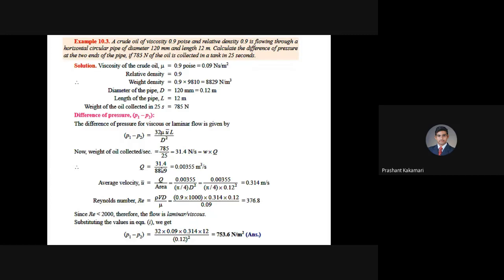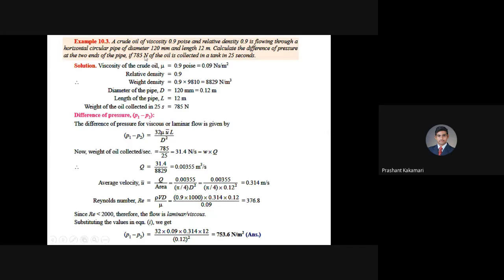Now using this per second value, any per second value, can we convert that into meter cube per second? That we can think of. So for that, we have the 785 Newton per second value. Okay, that is the weight of oil collected per second. Earlier in some problems we discussed liter per second of oil collected, meter cube per second of oil collected, something like that, or water collected.